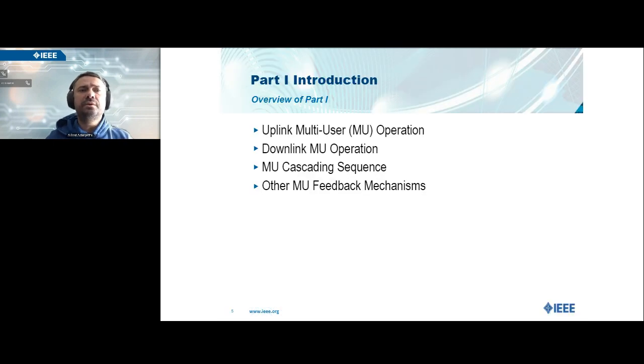As an overview, we'll first approach the uplink multi-user operation that was introduced in 11ax, then continue with the improvements to downlink MU operation, and then follow up with a combination of the two operations within the exchange. Then we'll discuss some of the MU feedback mechanisms that we didn't touch through the previous three items.